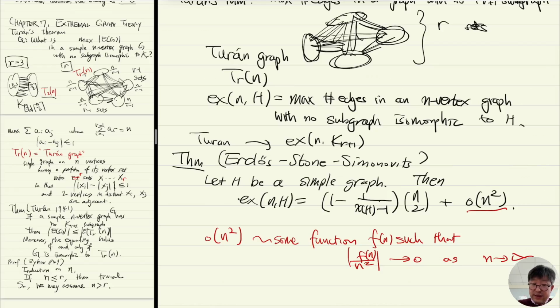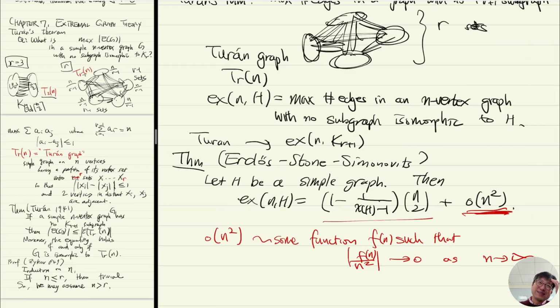In other words, if you take the extremal number ex(n, H) and subtract this first term, that's your function f, and that function divided by n^2 goes to 0 as n goes to infinity.